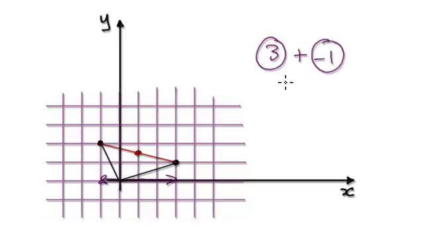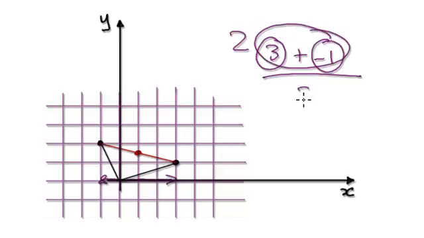So that would be 2. 2 divided by 2, to get the average of the two, that would be 1. So looking at it horizontally, it would be 1 across. So you can see it lines up.